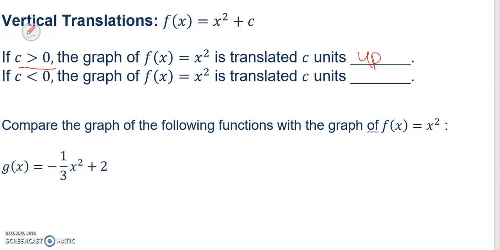If c is less than 0, then the graph of f of x equals x squared is translated c units down. So it all depends on if it's greater than or less than 0.